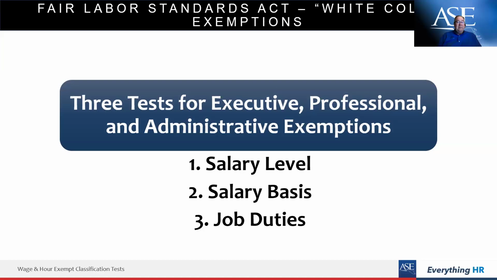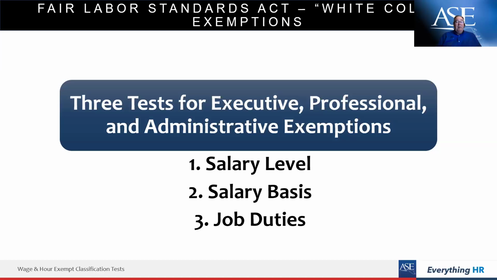We had a Supreme Court decision about a year and a half ago, you may have heard, called Helix, where a position in the oil industry was paid very, very well, but they were paid on a day rate. That was deemed by the Supreme Court to not meet the salary basis test. In fact, one of the justices even questioned whether the Department of Labor should even have the authority to set up tests like this under the Fair Labor Standards Act. And that is bringing rise to more challenges against the whole law itself that we'll see what happens.